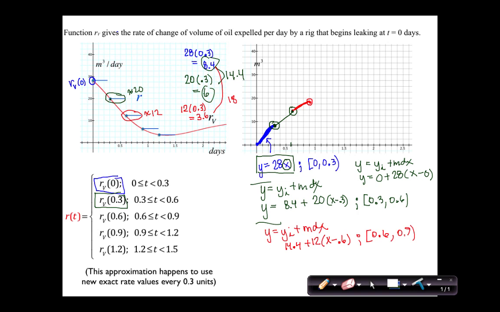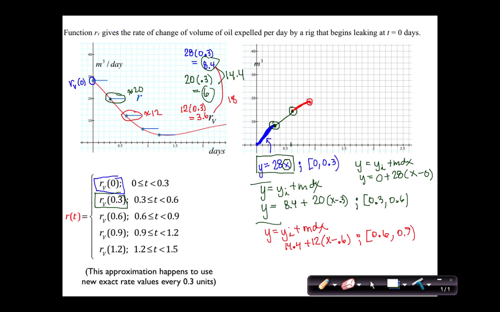But we're going to be adding in more symbols so that we can generalize this process, not to be about this specific curve where we used 20 and 12 and 28 and interval lengths of 0.3 days. We're going to do this for any interval length. If you can write it for any interval length and any function, just express what needs to be done, then we can use that 0.3 as a parameter here.